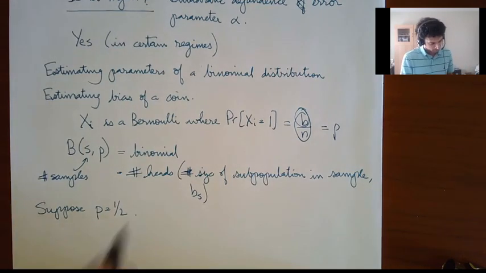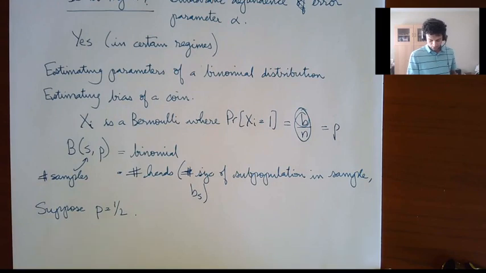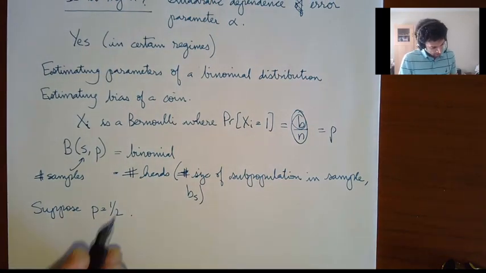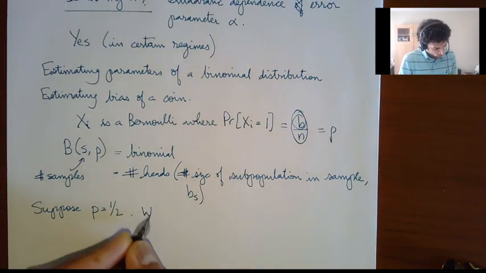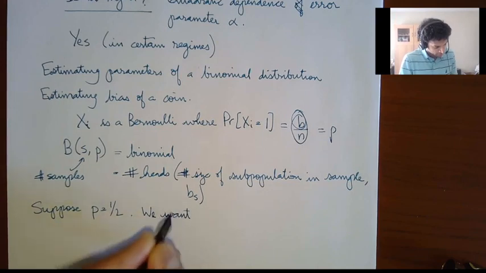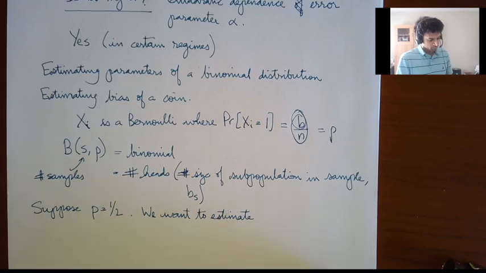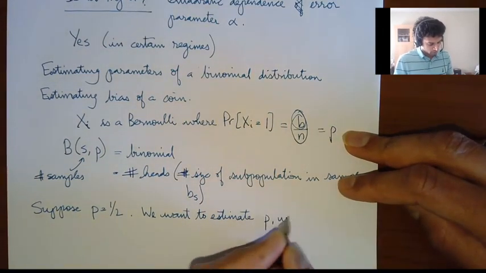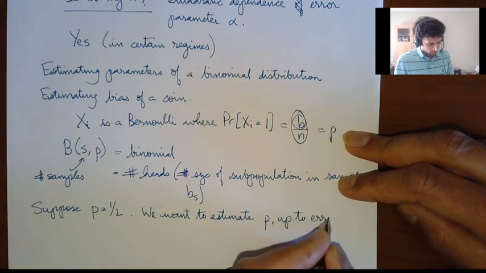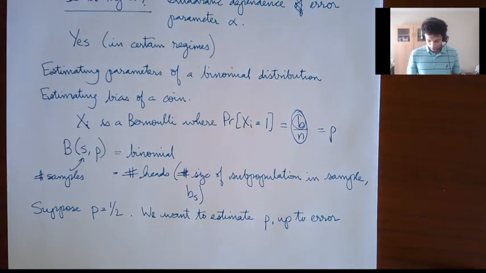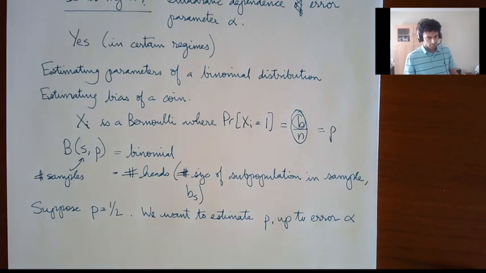So this is saying we want to estimate P up to an error, and let me use an error of alpha.